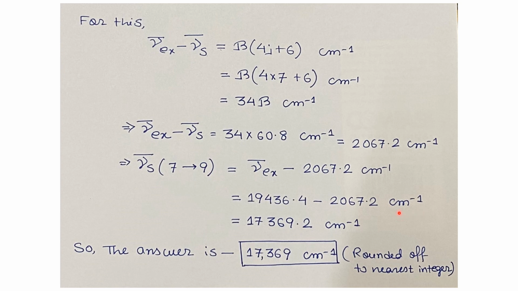So this will give the wave number of the S branch Stokes line equals 17,369.2 centimeter inverse. If we round it off to the integer form, then we will have nu S bar for this transition equals 17,369 centimeter inverse. So this is our desired answer for this question.